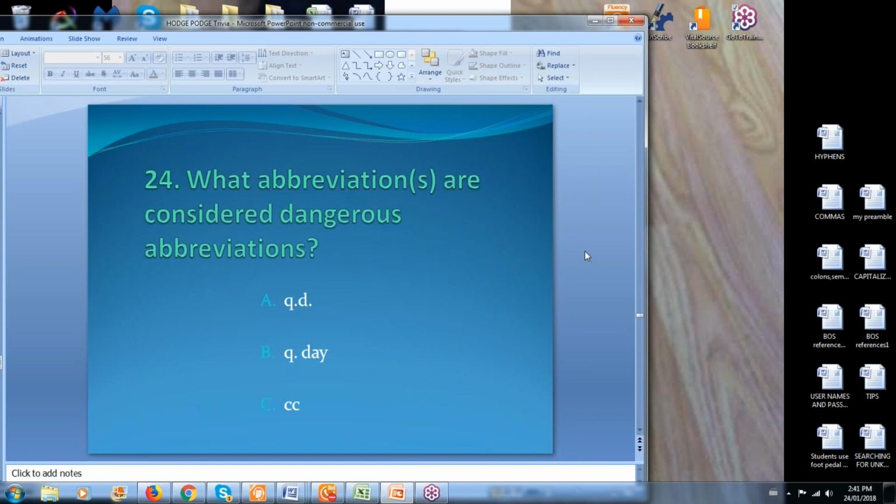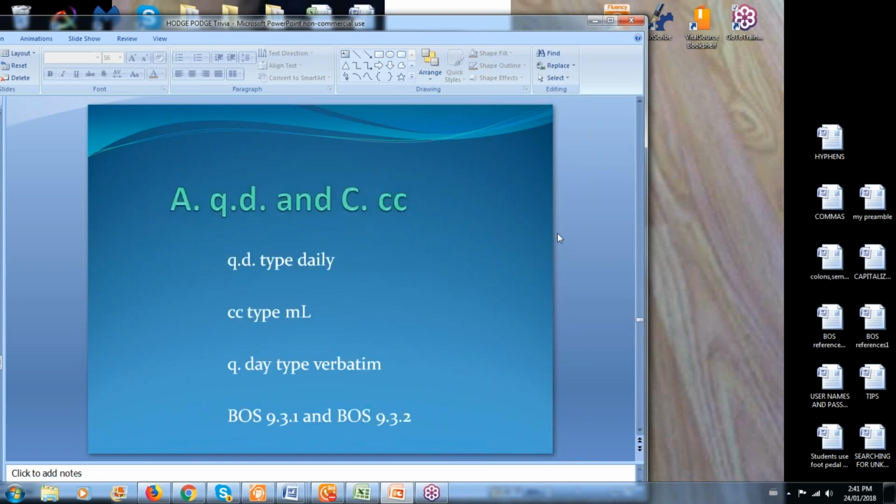Sandra's saying CC. Well, the answer is actually A and C. QD is a dangerous one too, so you should type daily. And for CC, type m, small m, capital L. QD, that's fine, so you would just type it verbatim.